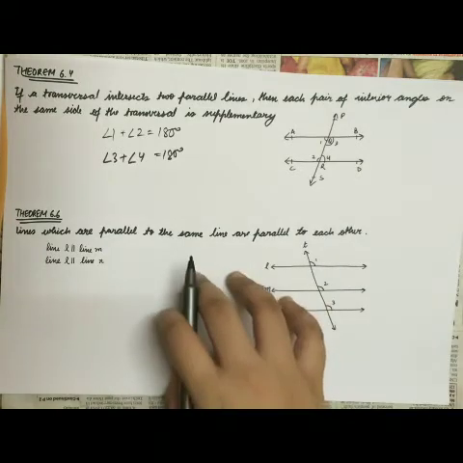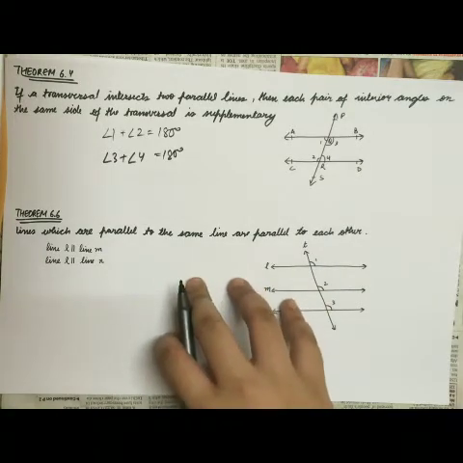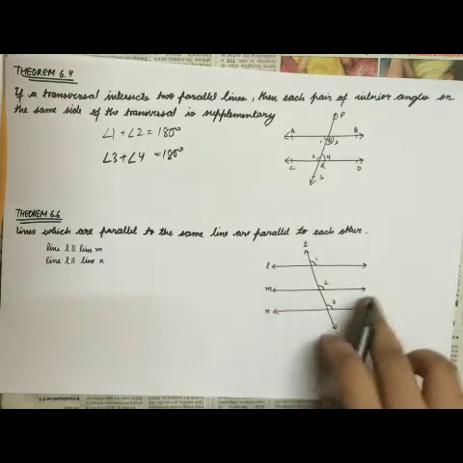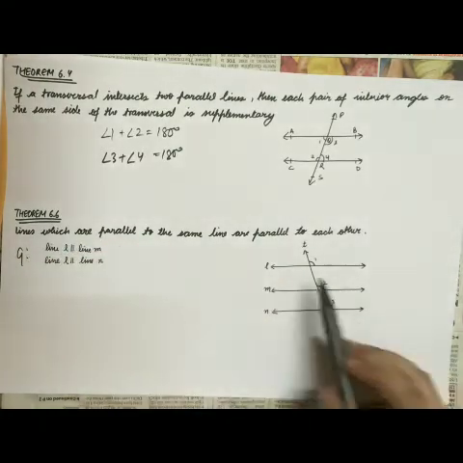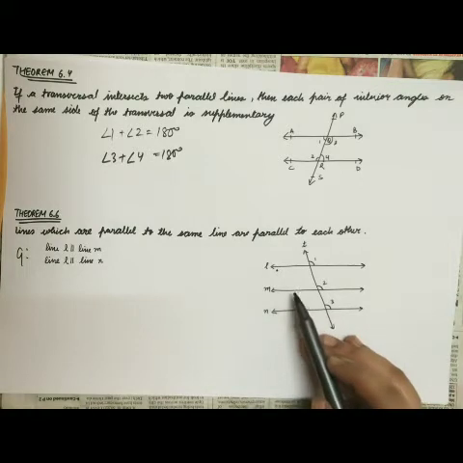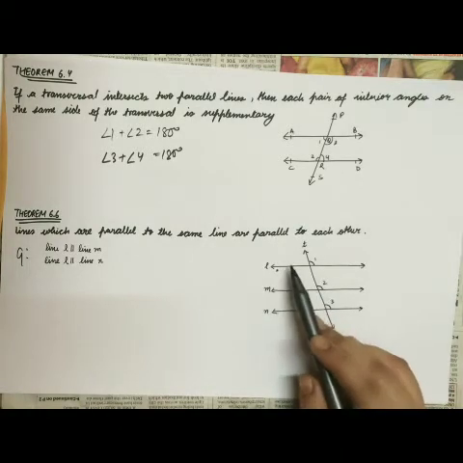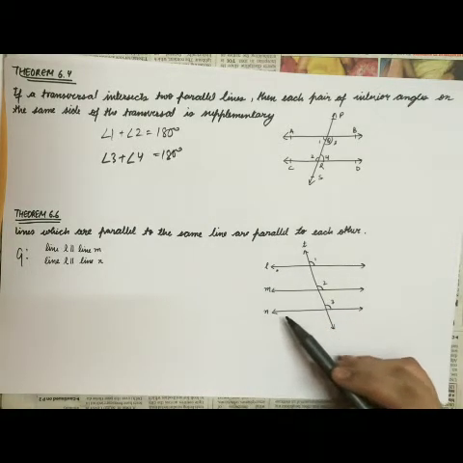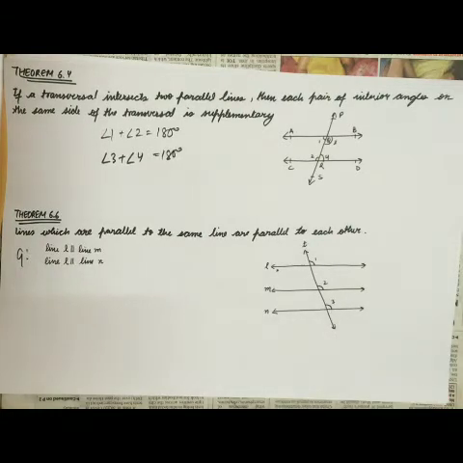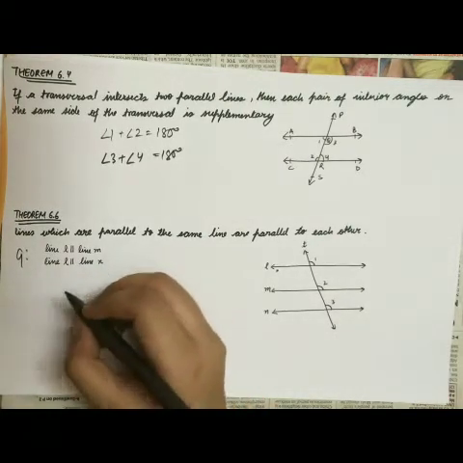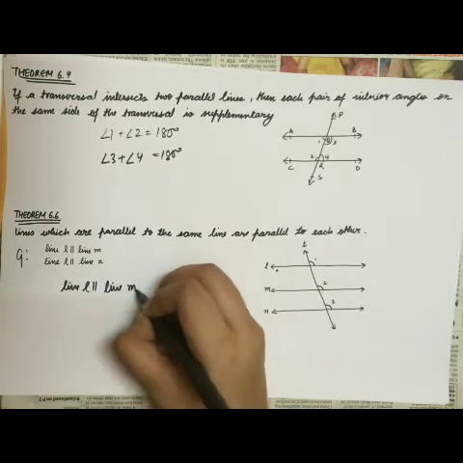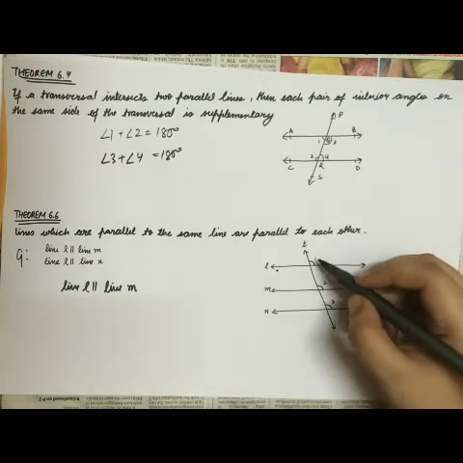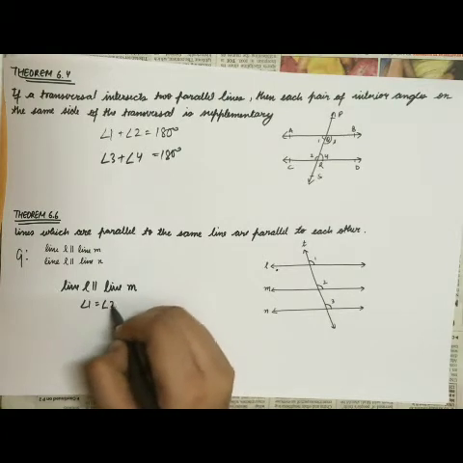Now theorem 6.6: lines which are parallel to the same line are parallel to each other. In this, we are given that line L is parallel to line M and line L is parallel to line N. So we will prove this. If line L is parallel to line M, then angle 1 is equal to angle 2.